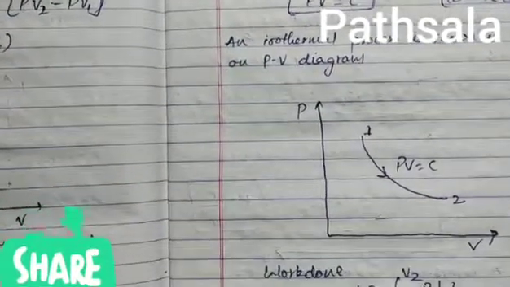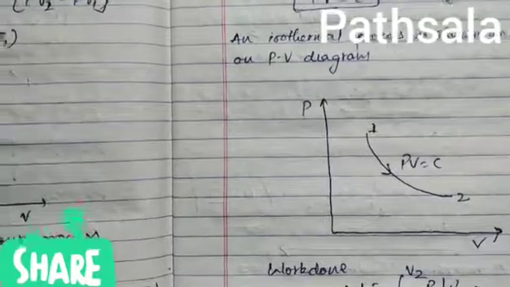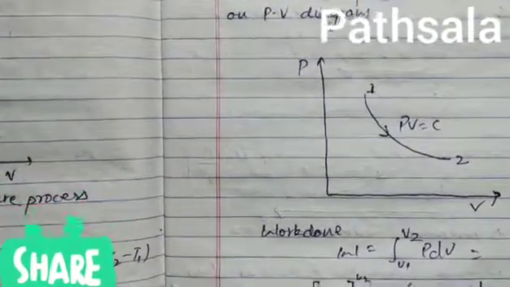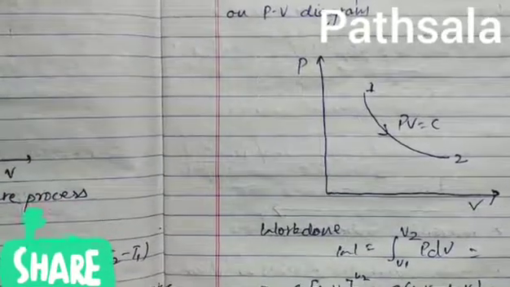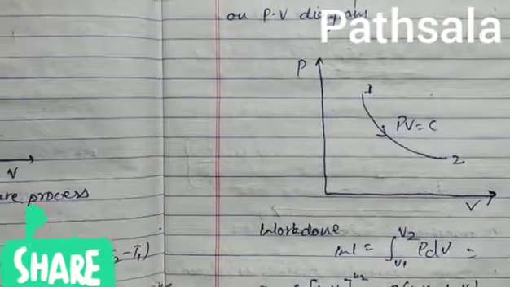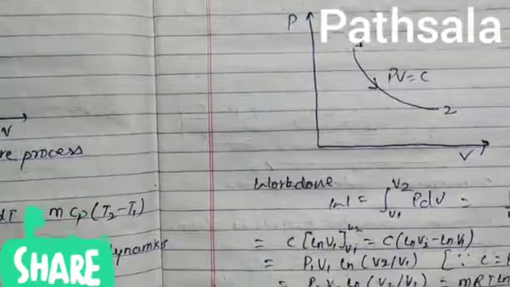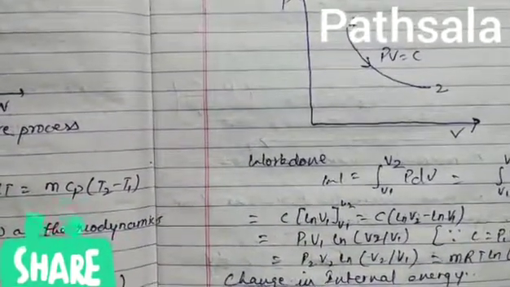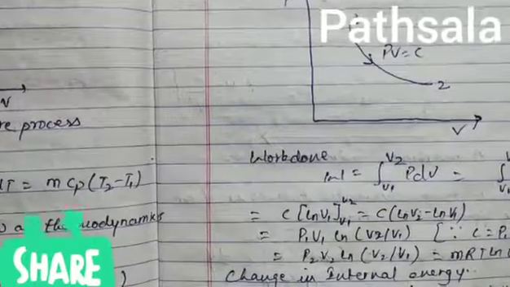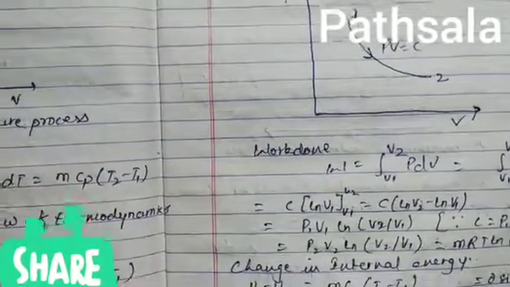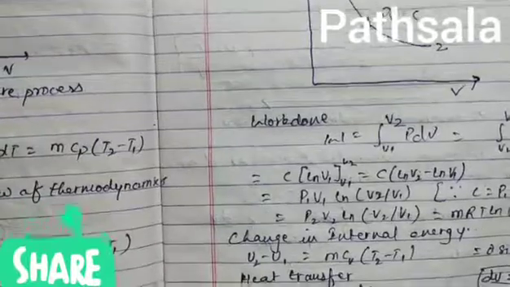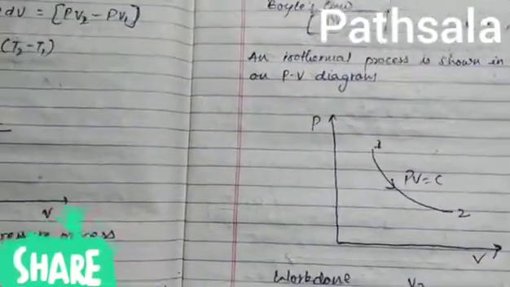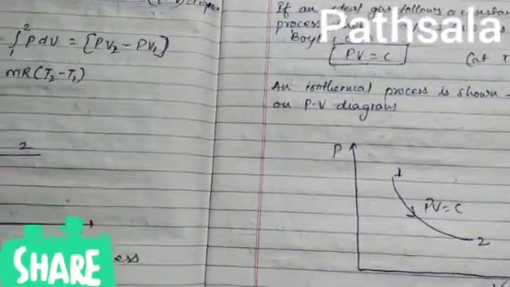As you can see in the isothermal process on this PV diagram, work done is equal to the integration of P dV. Here we get, with volume V1 to V2, C dV upon V.